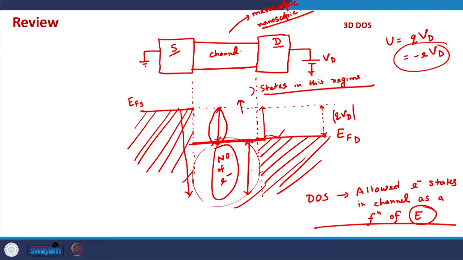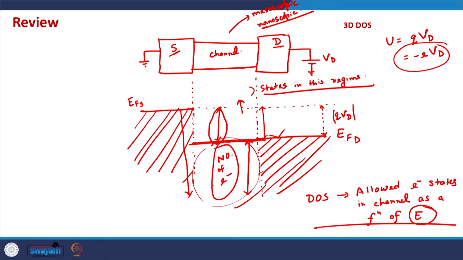Even if these states were empty, but now after contacting the source and the drain to the channel, these states will be filled, which means a certain charge will be there in the channel which will not move.